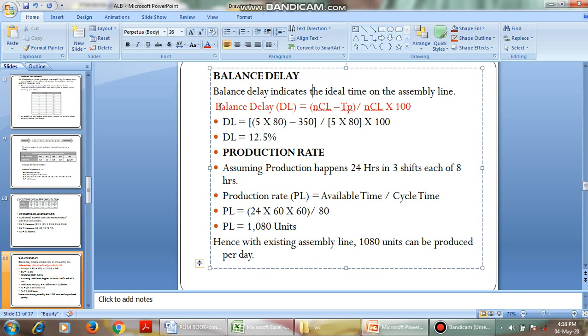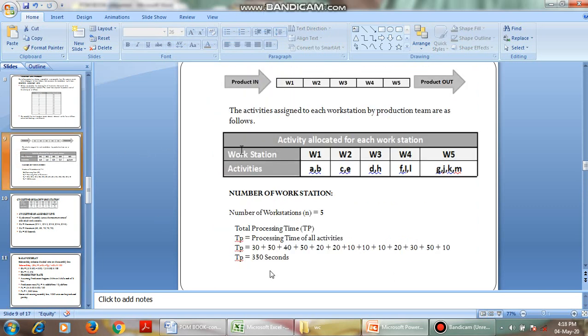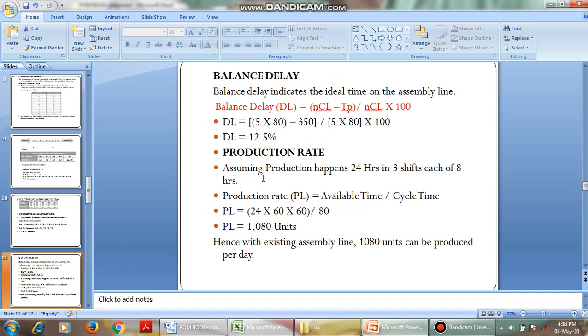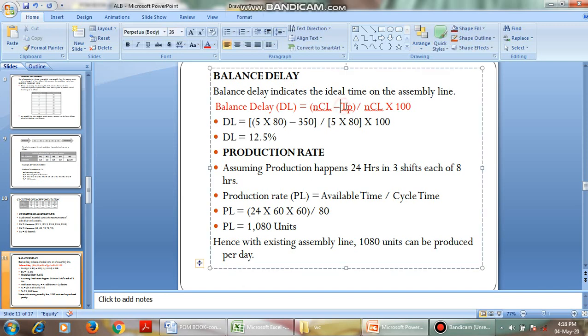Here the balance delay is (N times CL minus TP) divided by (N times CL), where N is the number of workstations, CL is the maximum cycle time, which is 80, and TP is the total processing time, which is 350. How do we get this 350?